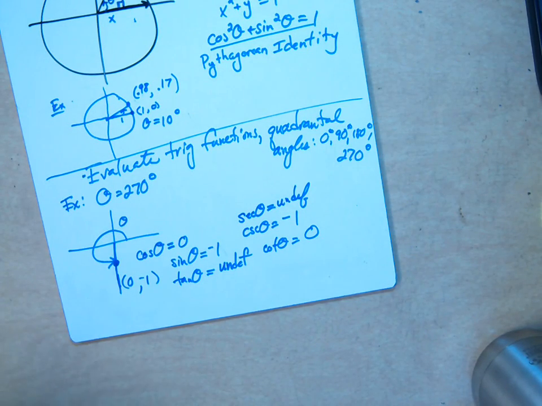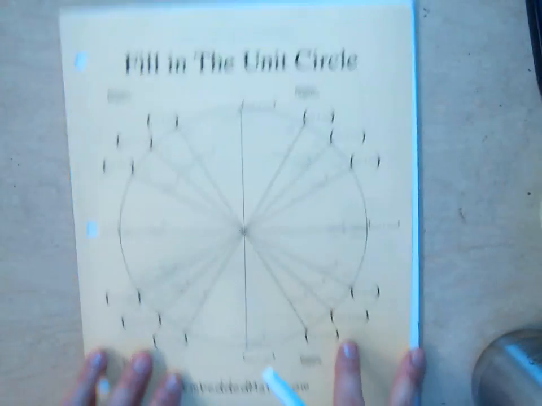And we're going to do the last objective for 13.3, which is finding reference angles. Should we fill out the unit circle first? Let's fill out the unit circle first, and then we'll find reference angles.